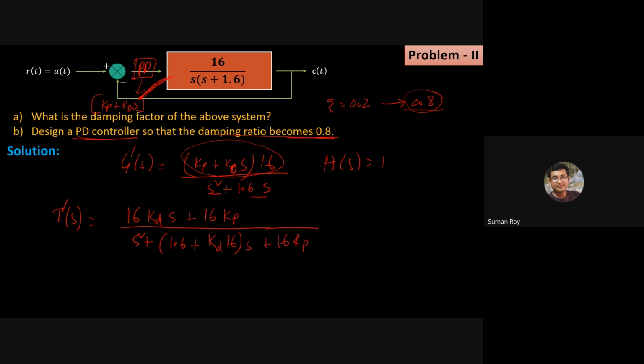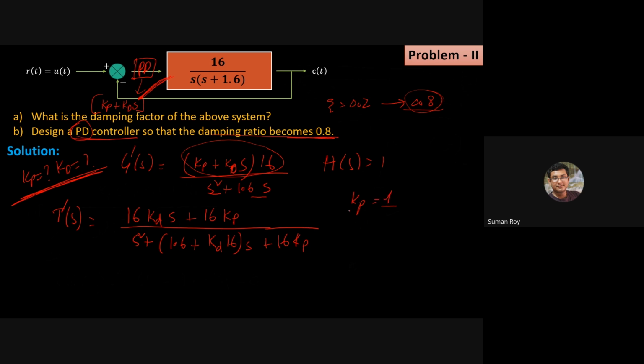Okay. Now the question is, designing a PD controller means you need to find out Kp and Kd values basically. So can you tell me what will be the Kp value? The Kp value should be 1.